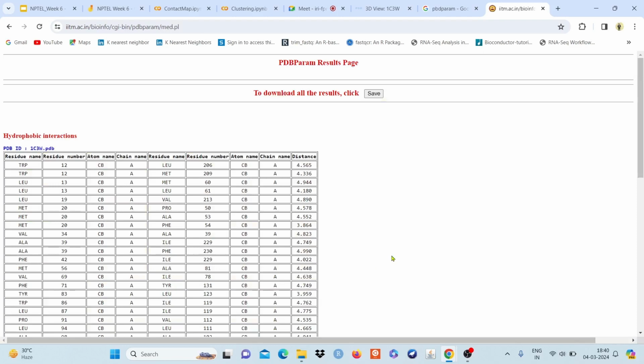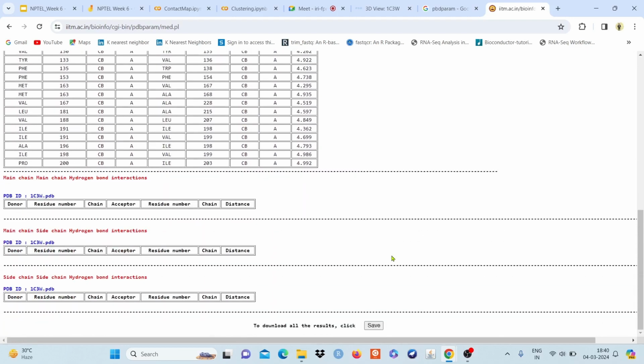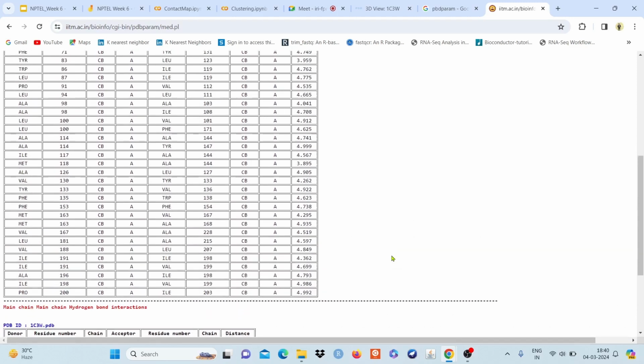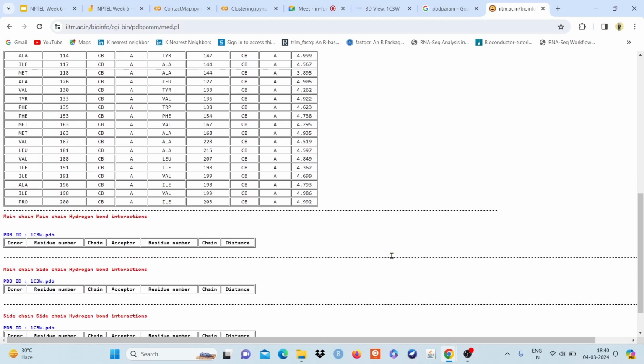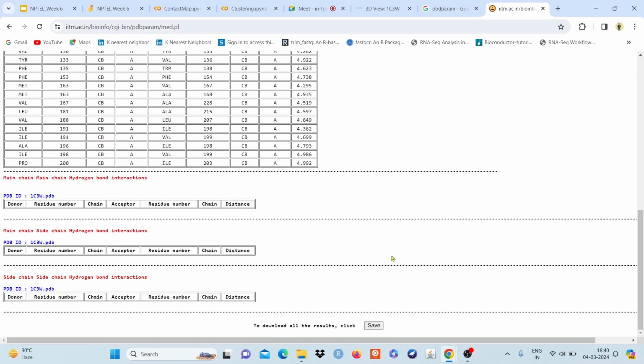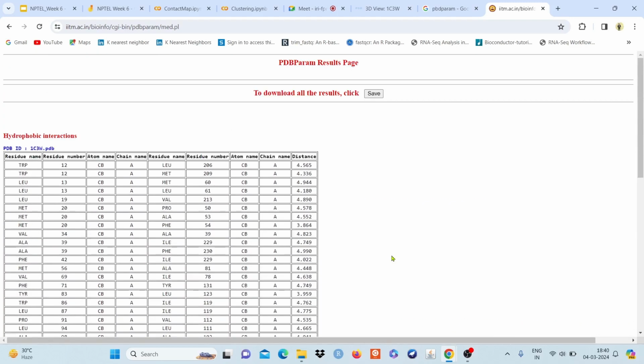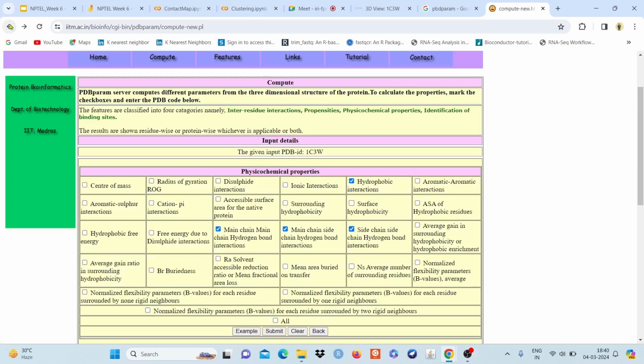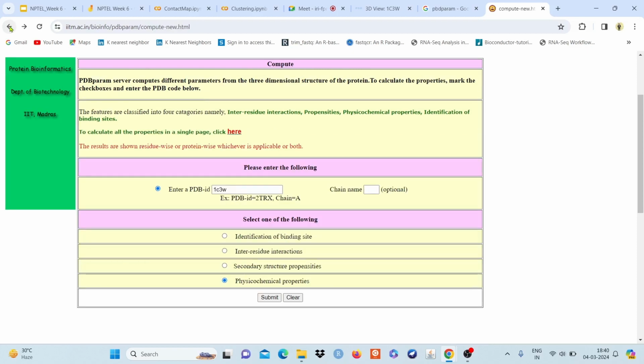So here we have got the list of hydrophobic interactions in the protein 1C3W, followed by the main chain hydrogen bonds parameter. So here the server is unable to extract main chain hydrogen bonds because of the license expiry from HBPlus. So one can use HBPlus to understand about the hydrogen bonds in a protein. That is currently one of the best tools available to analyze the hydrogen bonds present in a protein.